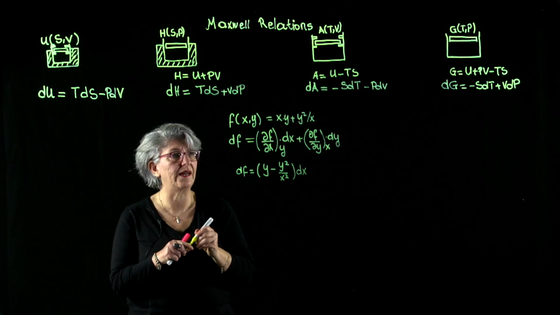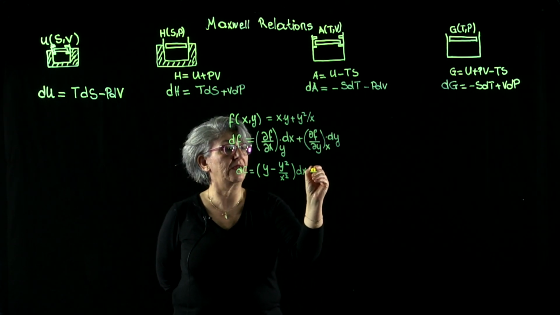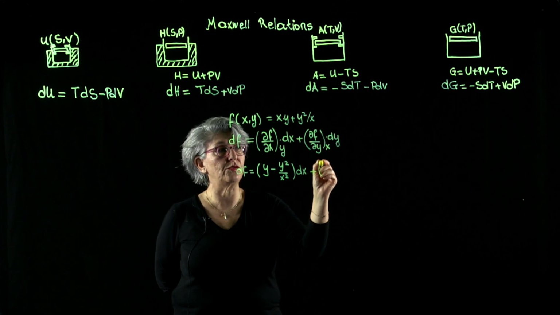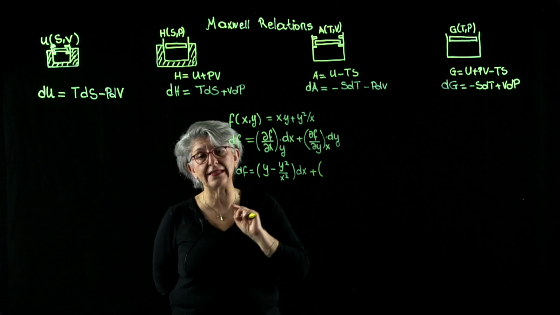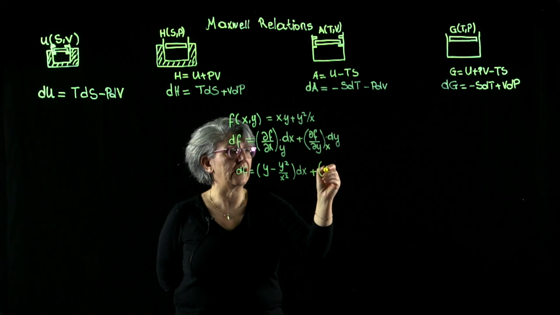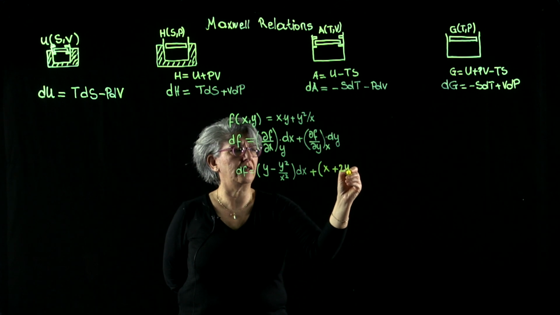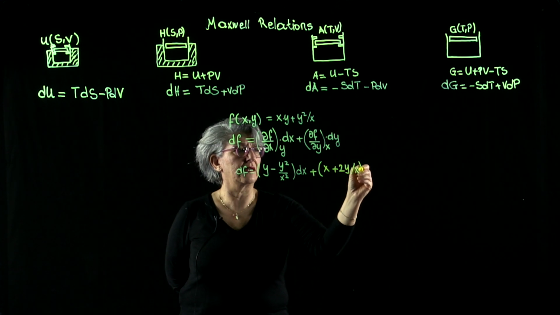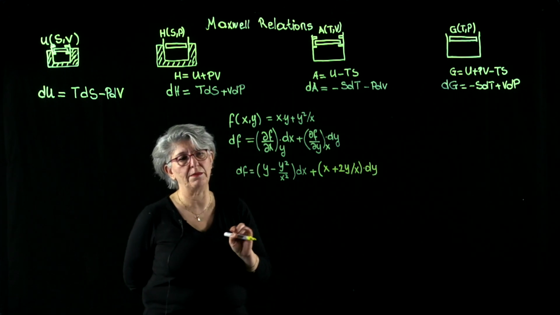I treated y as if it were a constant. Now I'm going to do the same for x: I will maintain x constant and take the derivative with respect to y. This is going to be x plus 2y over x, times dy. Right? This is what I'm talking about.